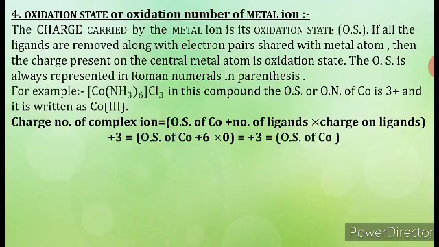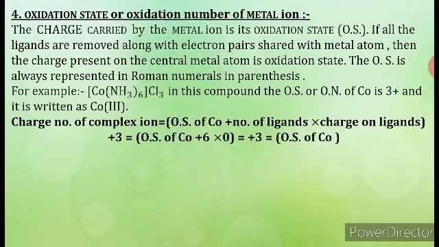So the charge on the complex is 3. If you remove the 3 Cl minus ions, then the residual charge on the coordination sphere is plus 3. So the charge on the complex is plus 3. The oxidation state of cobalt you have to determine. The number of ligands is 6. The charge on each ligand is 0 because ammonia is a neutral ligand.